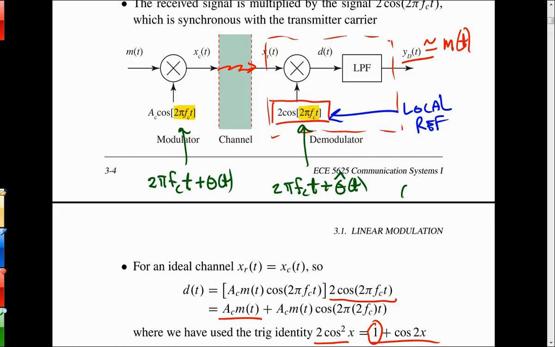So you would have some means to estimate the phase of the incoming signal, so theta hat of t would be approximately theta of t. But that would still be a coherent receiver if that is keeping the error between those two small. And that would be the job of a carrier tracking subsystem in a receiver.